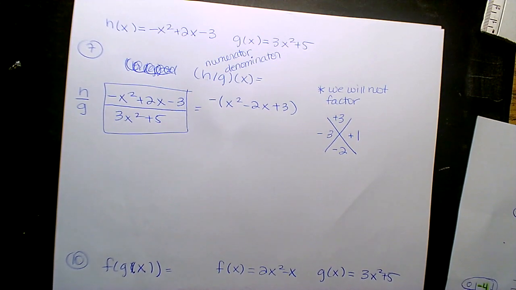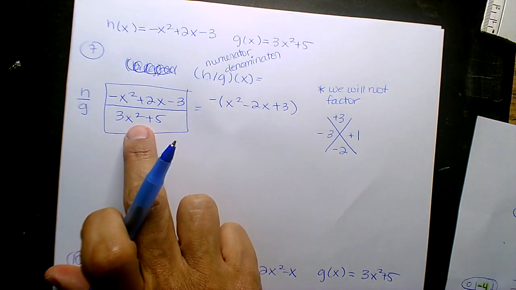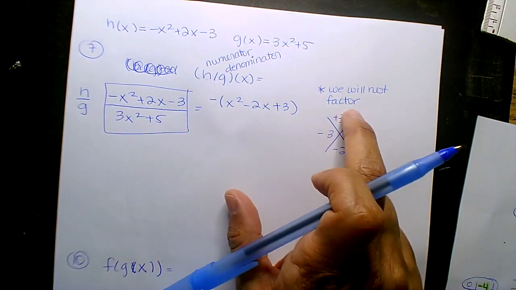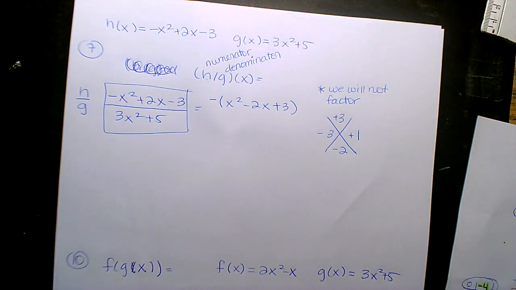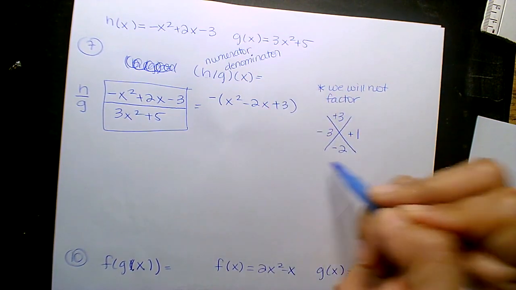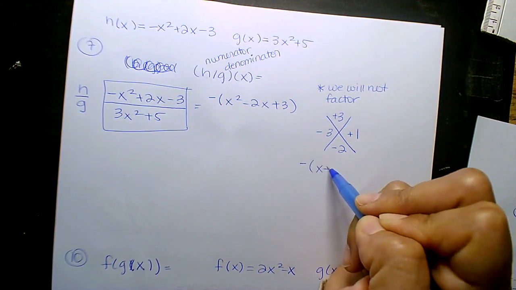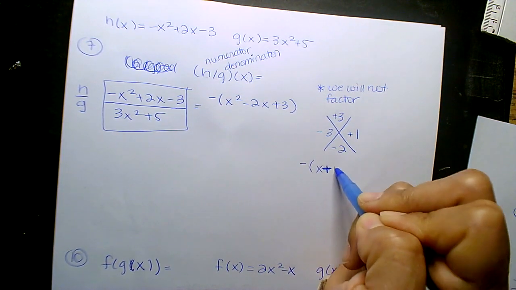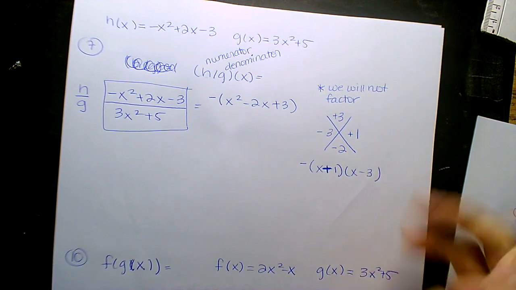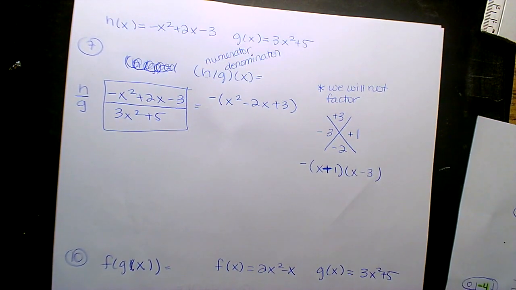So we'll do a review, but in this case, it doesn't go into this. So that's why I'm saying we don't need to factor, because we cannot simplify it down, okay? All right. But if you guys remember, this would then be negative, then x, well, I'll do plus, plus 1, x minus 3. That's your factoring.